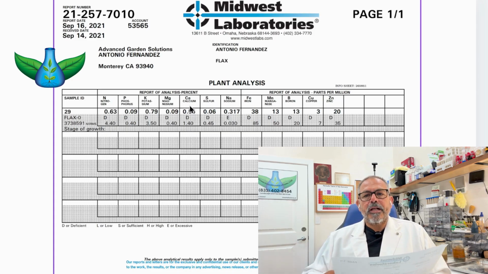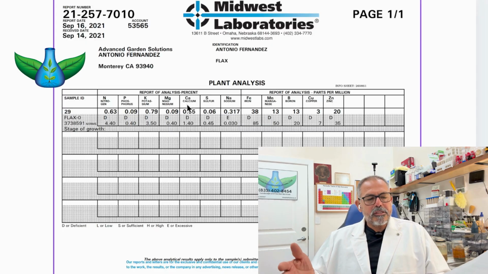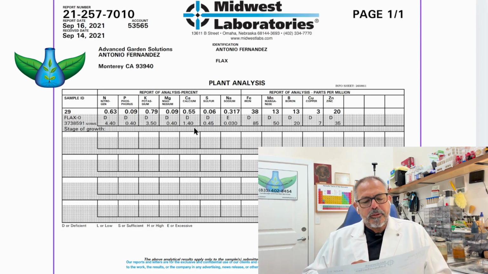Then we move to calcium. Just like humans need calcium for good bones, plants need calcium too. It should be between 0.5 and 1.4%, and here we only have 0.55%, which is on the low side.